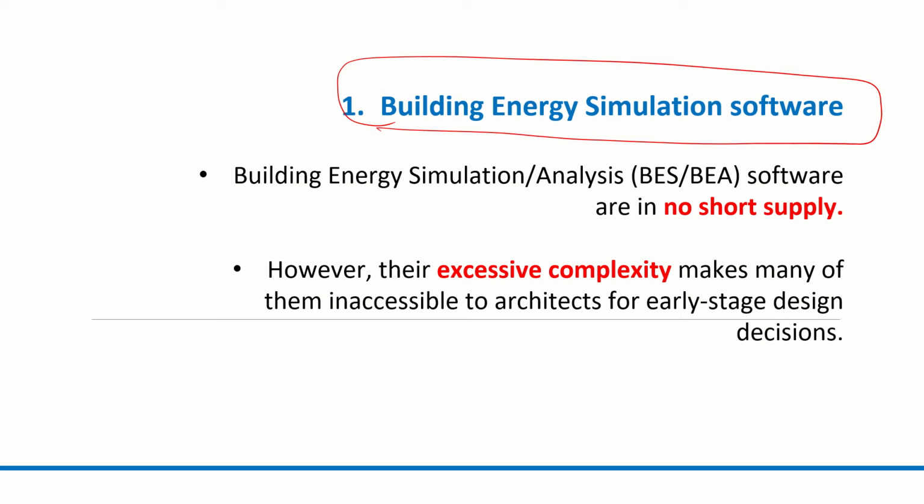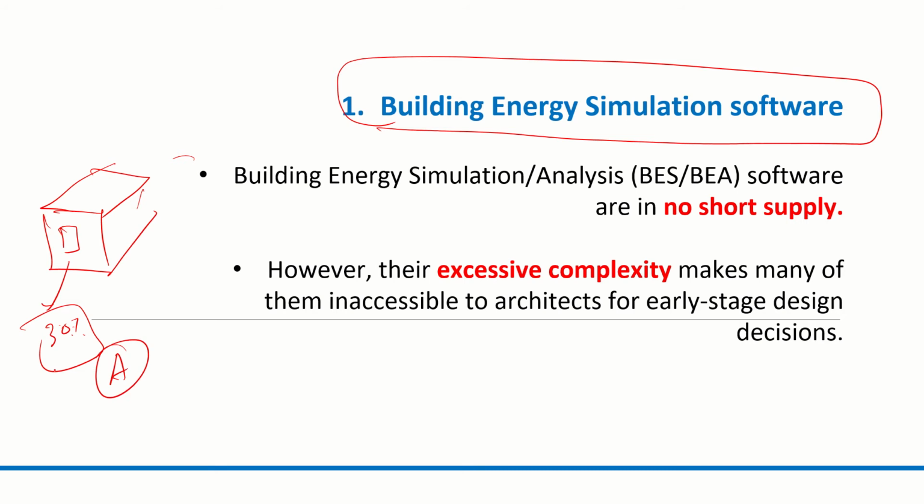Suppose we say we will get enough daylight in this particular unit, and I have a 30% opening in this facade, and I assume that this 30% opening will be enough to get the required daylight in that room. This is an assumption, and it may or may not be true, so it needs to be checked.